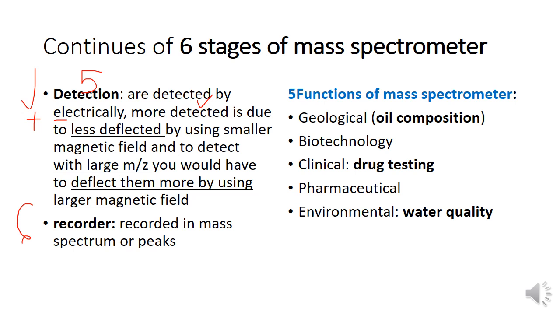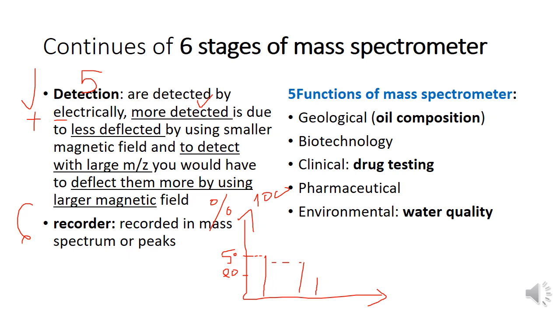I think the results are recorded in the form of a spectrum. This is the abundance, where the maximum is 100. The peaks that appear here are different because of the different masses from the deflection chamber. This is the recorder in a mass spectrum peak. For example, the first peak is at 50, this one at 49, and this one at about 30. You estimate where each peak reaches according to the abundance. Here is the mass over charge. This is how the recorder works and its results.